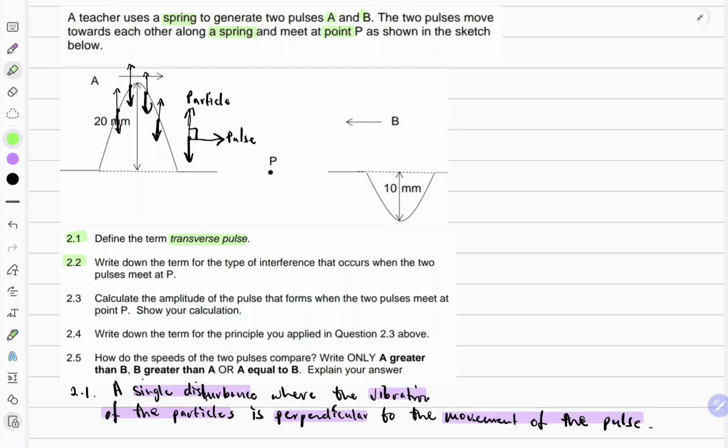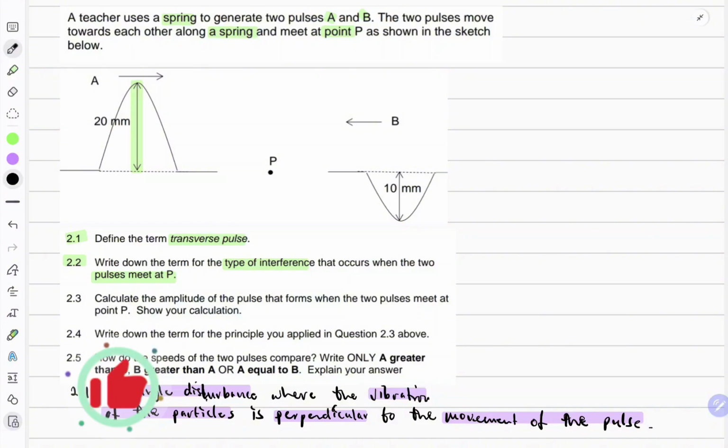So number 2.2 says write down the term of the type of interference that occurs when the two pulses meet at point P. So you'll notice on the sketch that the first pulse has a positive displacement of plus 20, and the second pulse has a negative displacement of negative 10 millimeters.